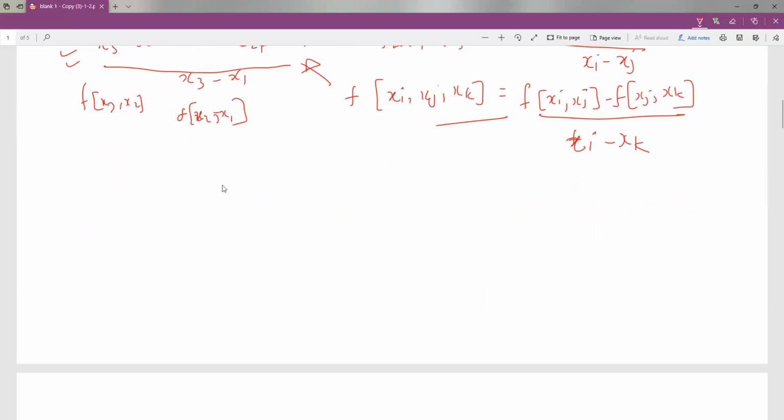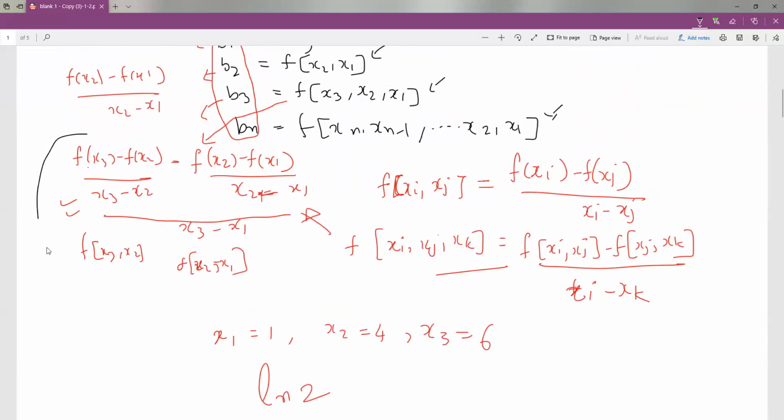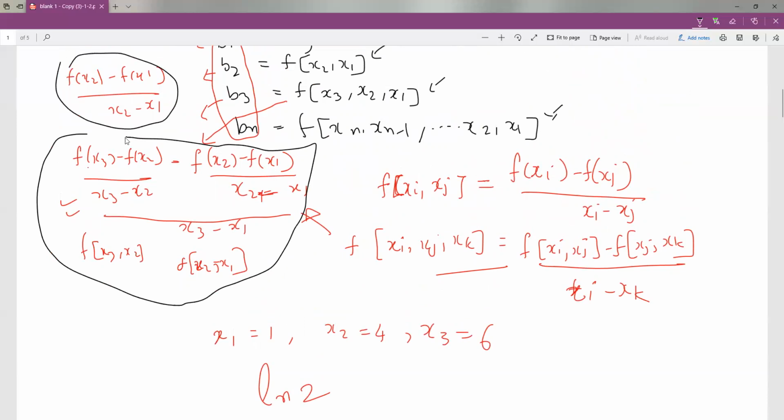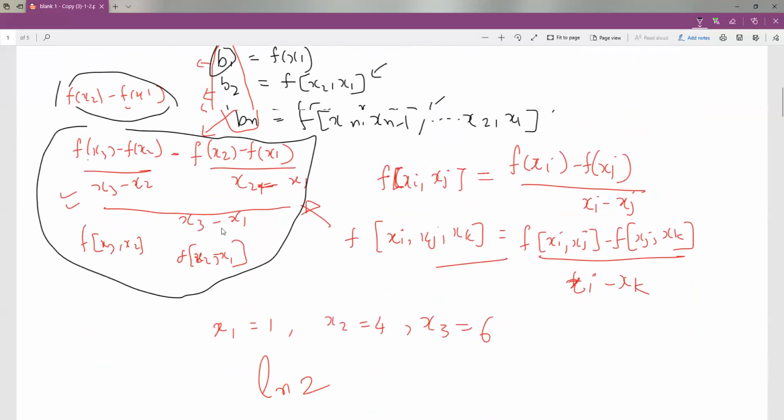Let us say we have the data points x1 is equal to 1, x2 is equal to 4, x3 is equal to 6, to estimate ln 2 with a parabola. We used a quadratic Newton's interpolating function and derived these coefficients. This was your b3, this was your b2, and b1 is the function's value at x equal to x1.